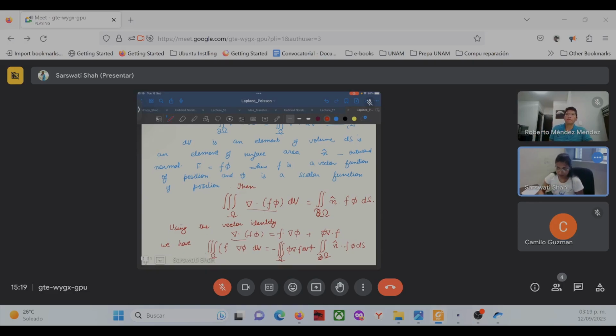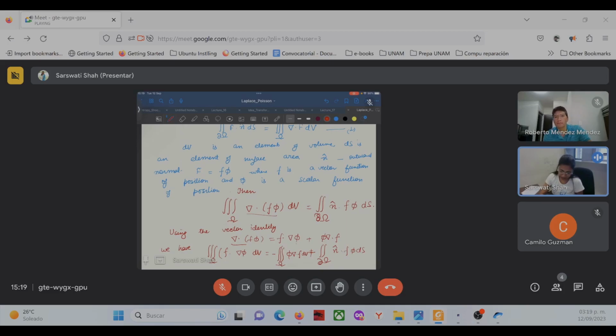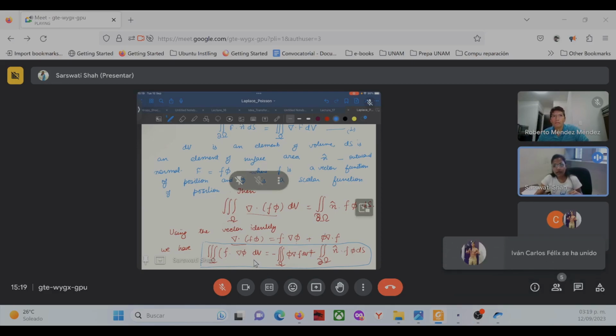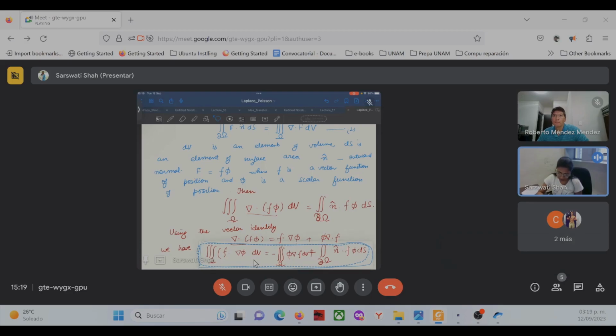Now, this is also an identity, but it is not named as an identity. Since I am choosing this f as a position vector, here we can also take its particular form.